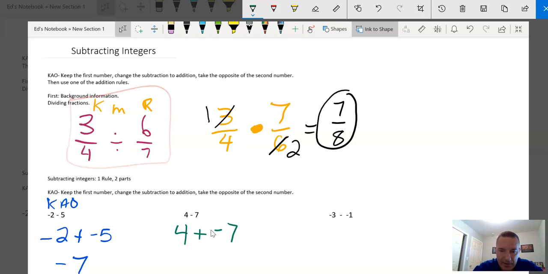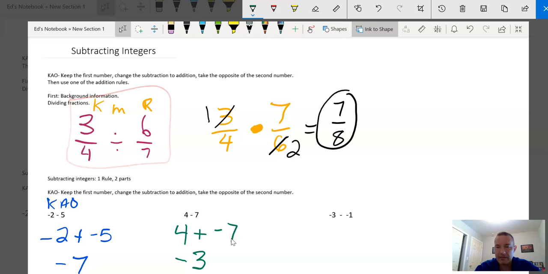Are the signs the same or different? In this case, they are different. So what do we do when the signs are different when we're adding? Oh yeah, that's one of the weird ones where we say we're adding, but the signs are different. So the strategy is to subtract. 7 minus 4 is 3. Which one has the larger absolute value? Which one's further from 0? The -7 is, so I'm going to keep that sign: -3.